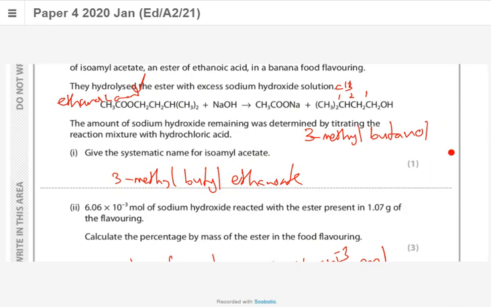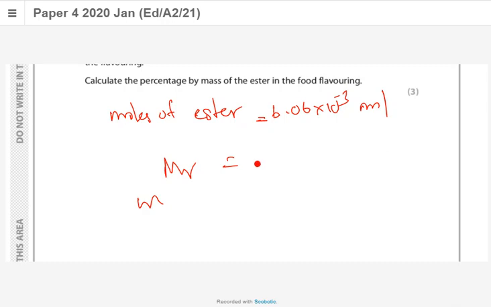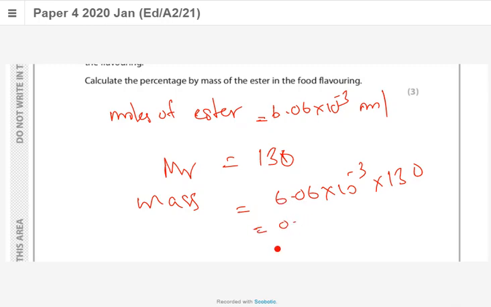Molar mass of the ester is 130. So mass will be moles times molar mass, right? What is the answer we get then? 0.7878. 0.7878, yeah.